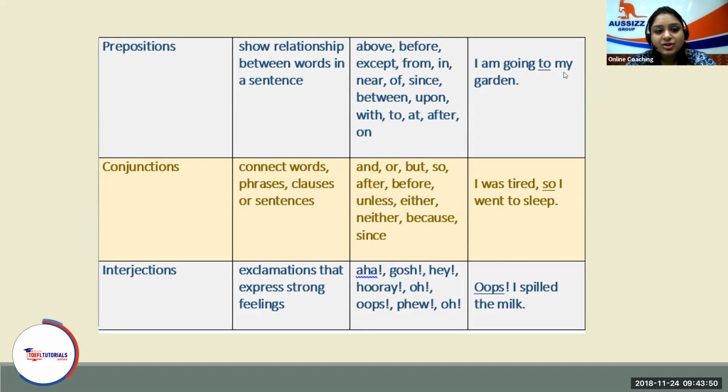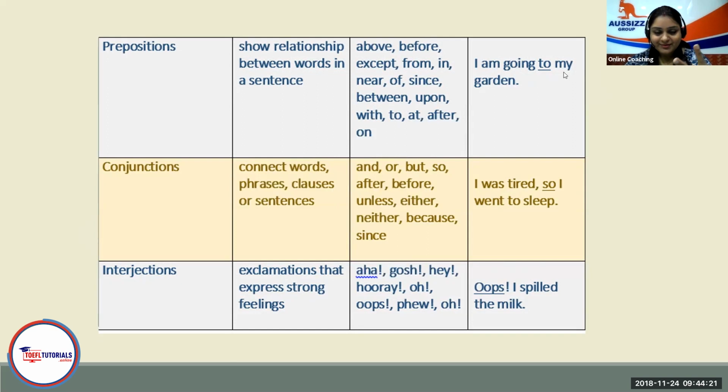Okay. Conjunctions. This particular part of speech is very, very important in your IELTS exam because conjunctions are nothing but connectors that you use in your speaking part and your writing part to connect words, phrases, clauses, sentences, etc. In conjunctions, I feel there are basically three types.